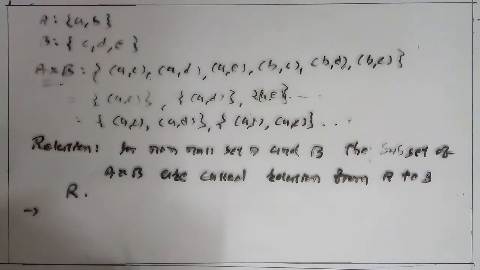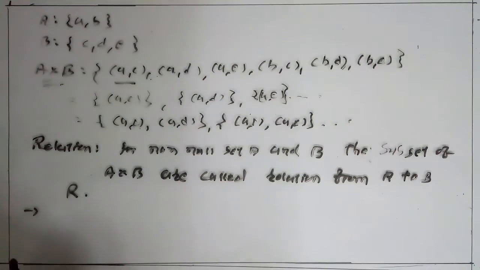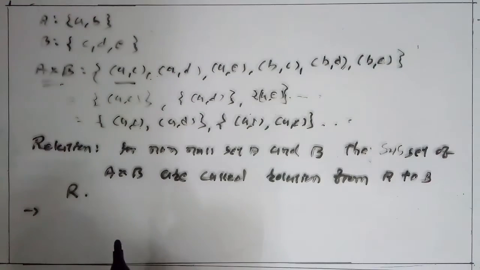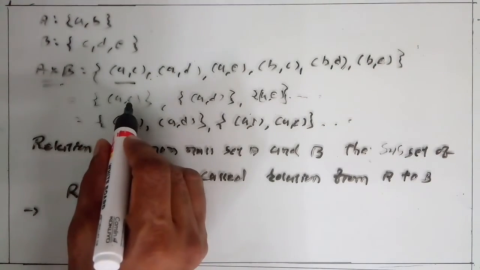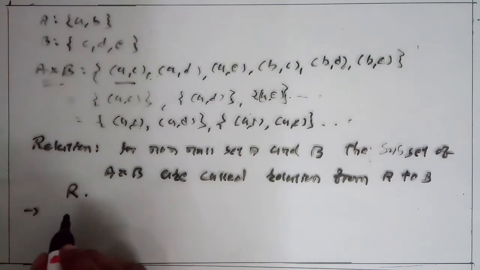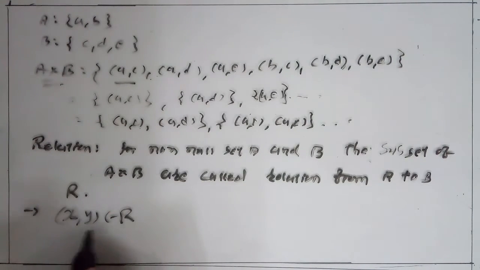Now, the second element of each ordered pair of a relation is said to be the image of the first element. Like if (x, y) belongs to R, (x, y) is an element of the relation R, then y is called the image of x.